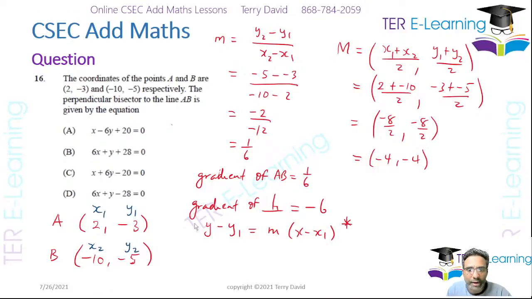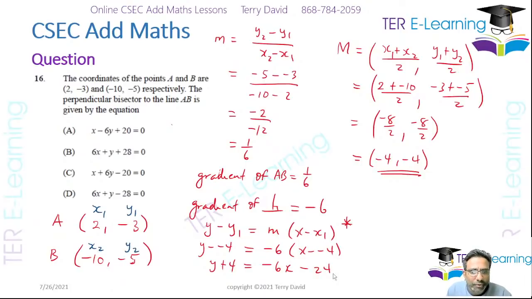Just remember, you're using the midpoint here to work out this equation. So it's going to be y minus -4 is equal to my gradient, which is -6, into x minus -4. So therefore, this is going to be y plus 4 is equal to -6 into x plus 4. So this is going to be -6x minus 6 times 4, which is 24, right?